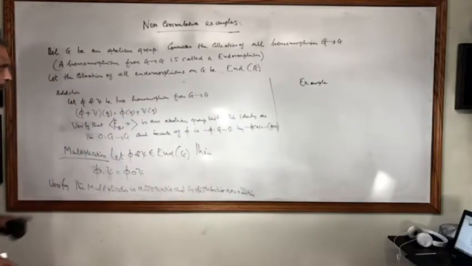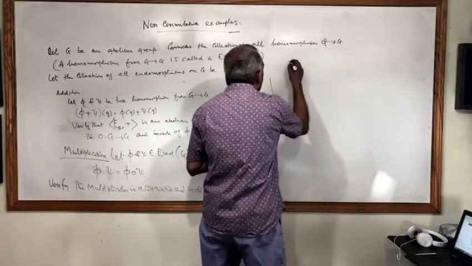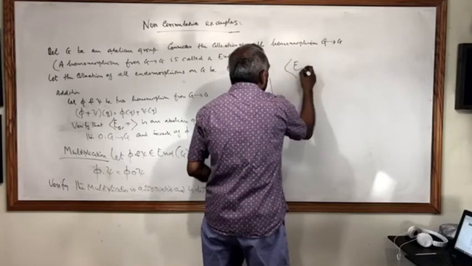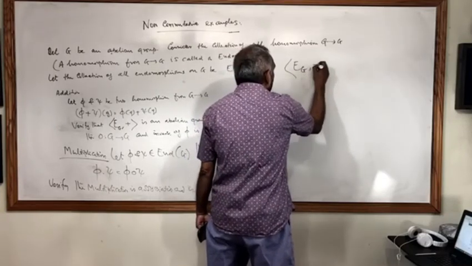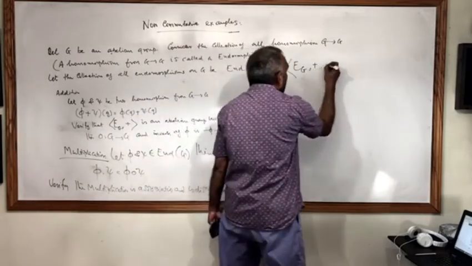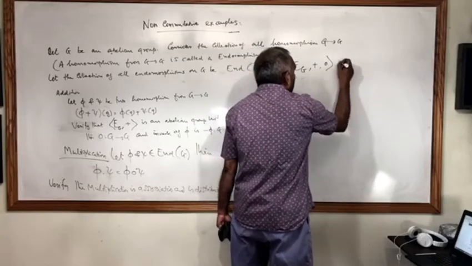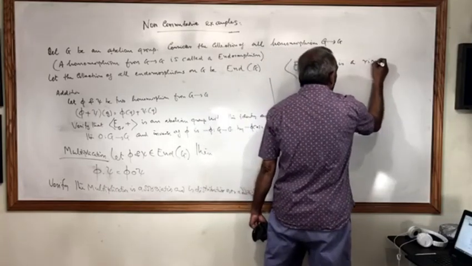I'm not going to verify that. So with this, the collection of endomorphisms on G, with the addition and the composition, is a ring.